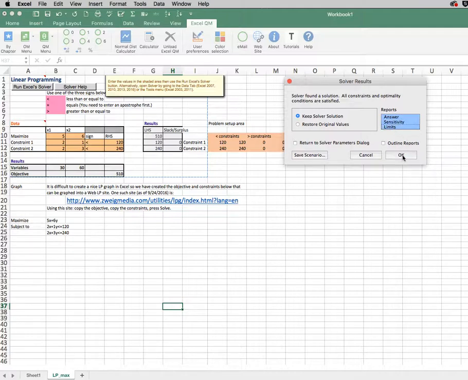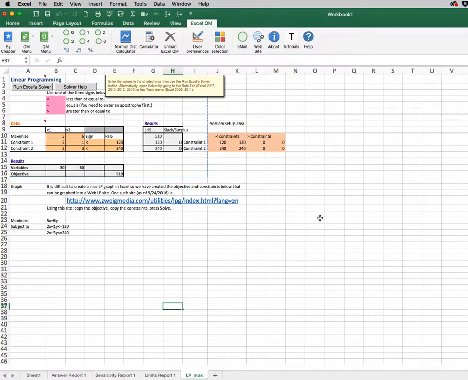Not that we're going to utilize all of those, but let's just highlight them, and I'll go through each one of those reports with you. Okay, so what we have down here, we generated those reports, and let's go to the Sensitivity report.